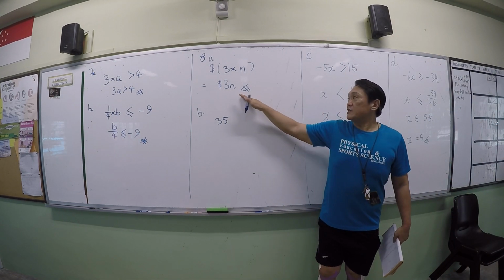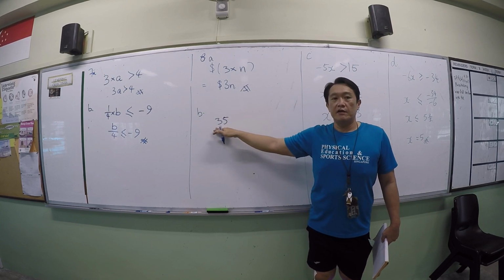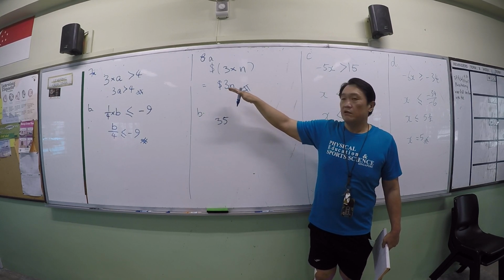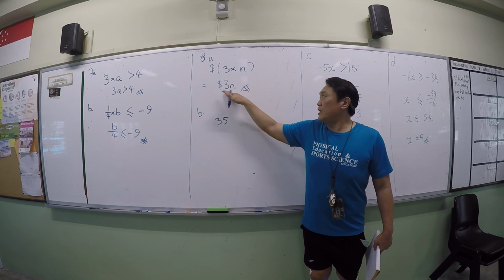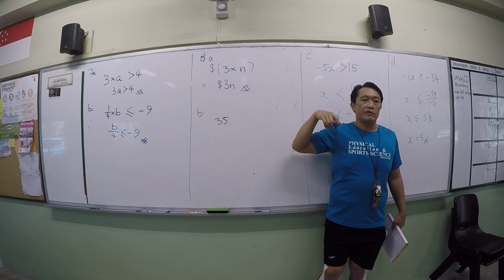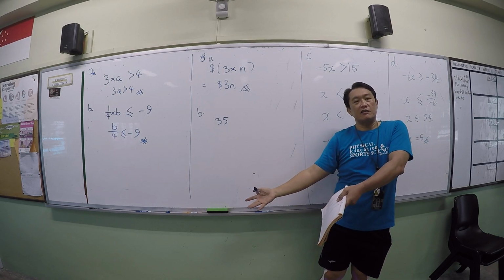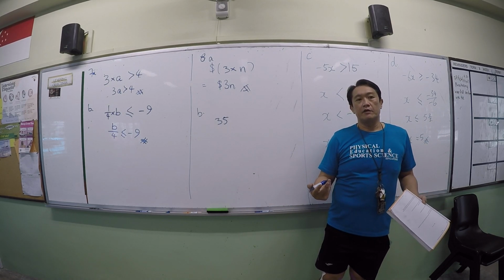Bala spent this amount on pens. Bala has 35. Is it possible for this number to be bigger than 35? No, right? I have 35. I cannot spend $40. I only have 35.